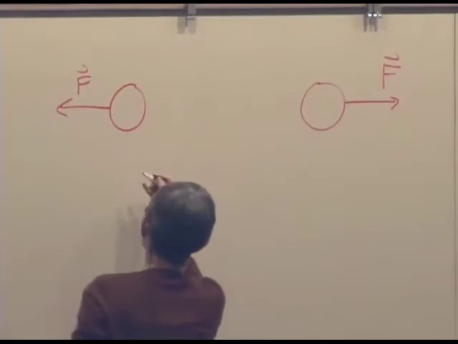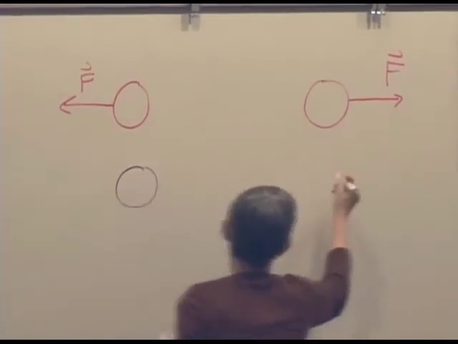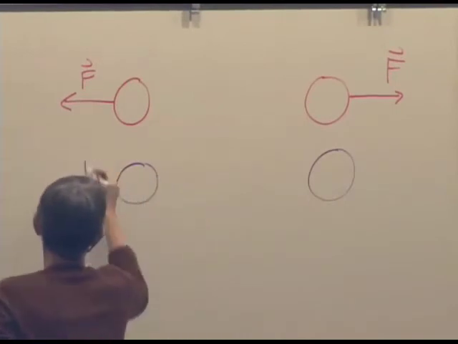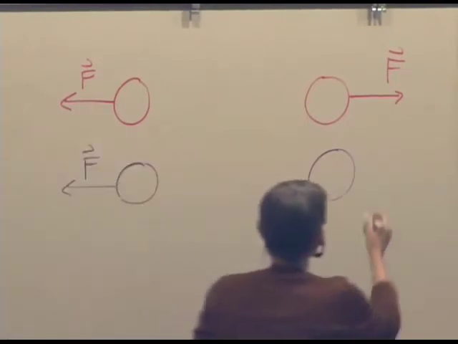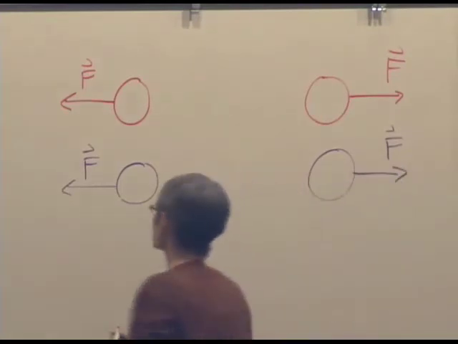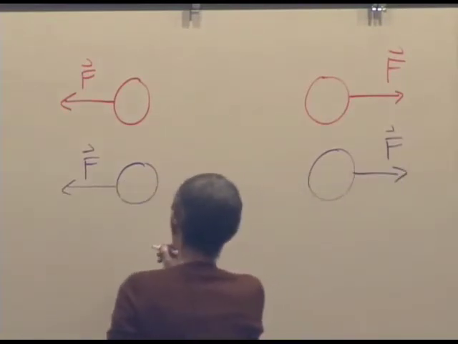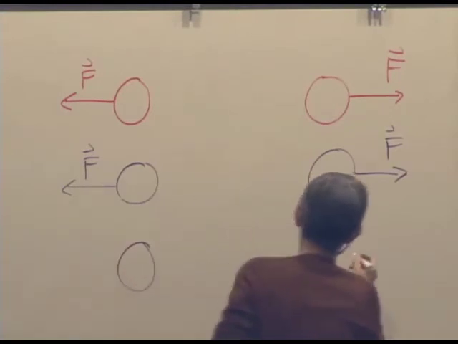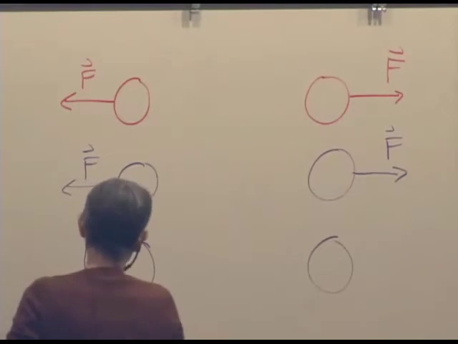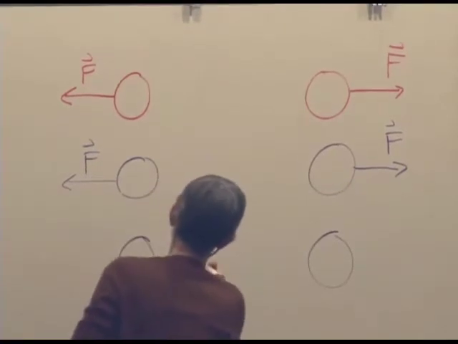And if you have two electrons, the forces, they also repel each other. But if you had an electron and a proton, what you get is attraction.